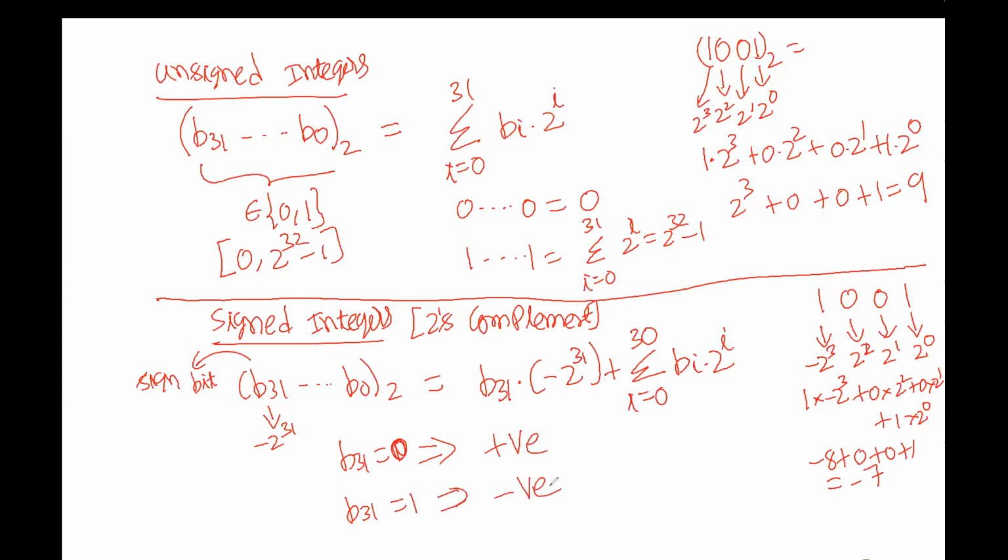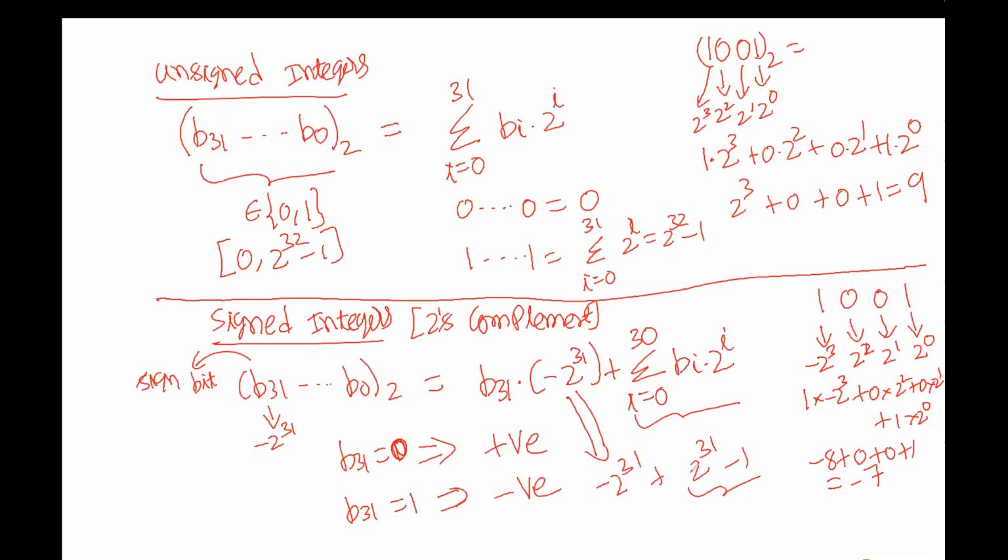Why does the number become a negative number? If it is equal to 1, the value that is coming out of this position is minus 2 power 31. And what is the max value that can come from the other bits? The maximum value that can come from the other bits is 2 power 31 minus 1.